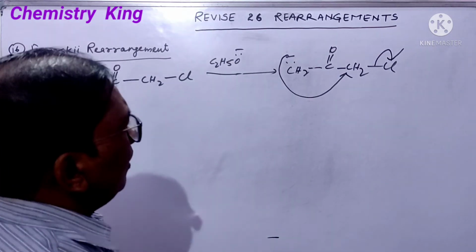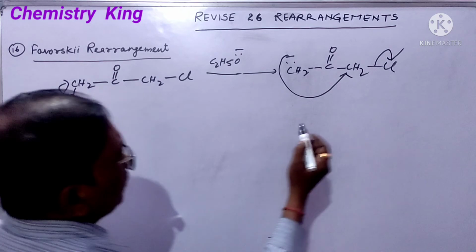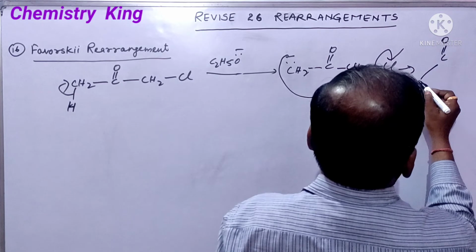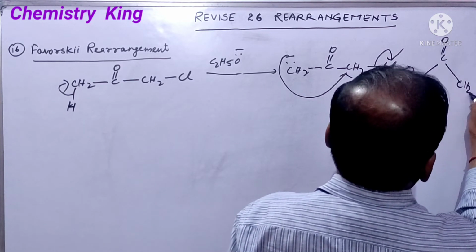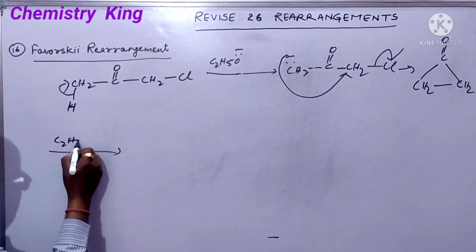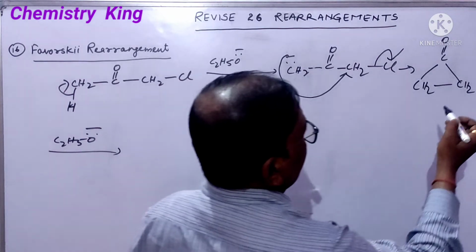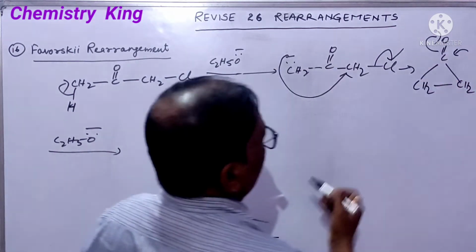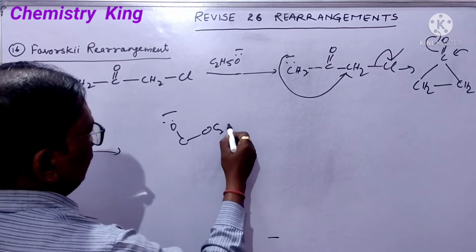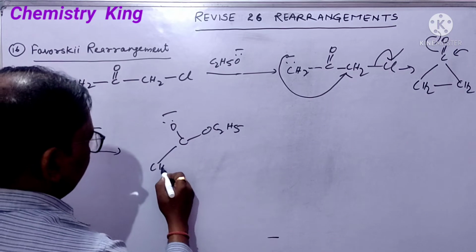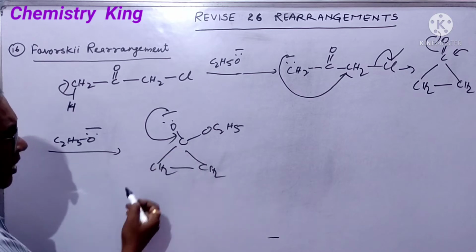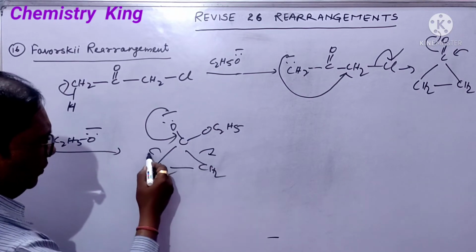With the elimination of chlorine, you will get this C double bond O, CH2, CH2. Now the ethoxide ion, this nucleophile, will attack here. Okay, you will get CO minus OC2H5, CH2, CH2. Now the question arises, which bond will break, either this or this?